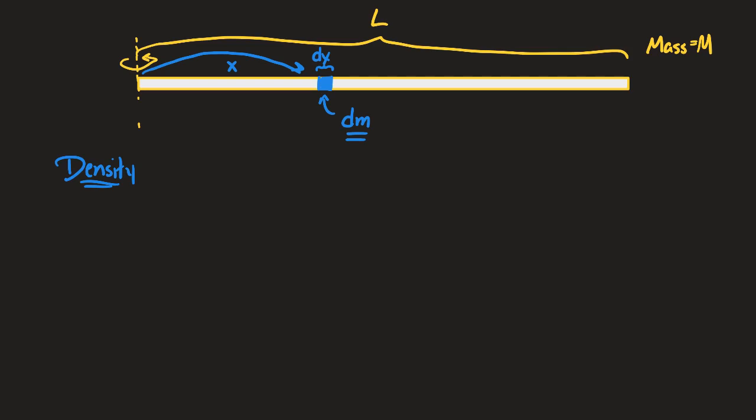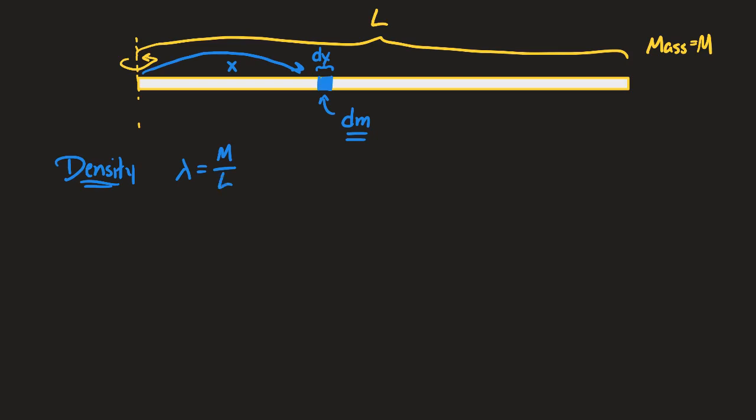The density can be something where maybe it gets heavier as it goes to the end, or it gets lighter as it goes to the end, or even something more challenging than that. So often the density can be given to you as a function. So for objects that are not uniform, this might not be a constant. But in this class, at this moment, the densities are going to be a constant.